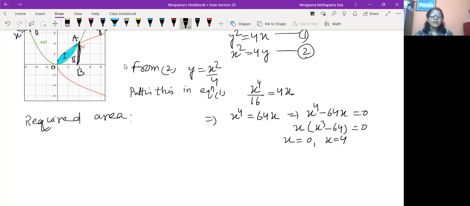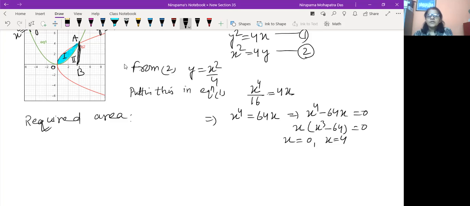But we do not need this white portion, region 2, which is bounded by x square equal to 4y. So you take the whole area bounded by y square equal to 4x and subtract the region bounded by x square equal to 4y.